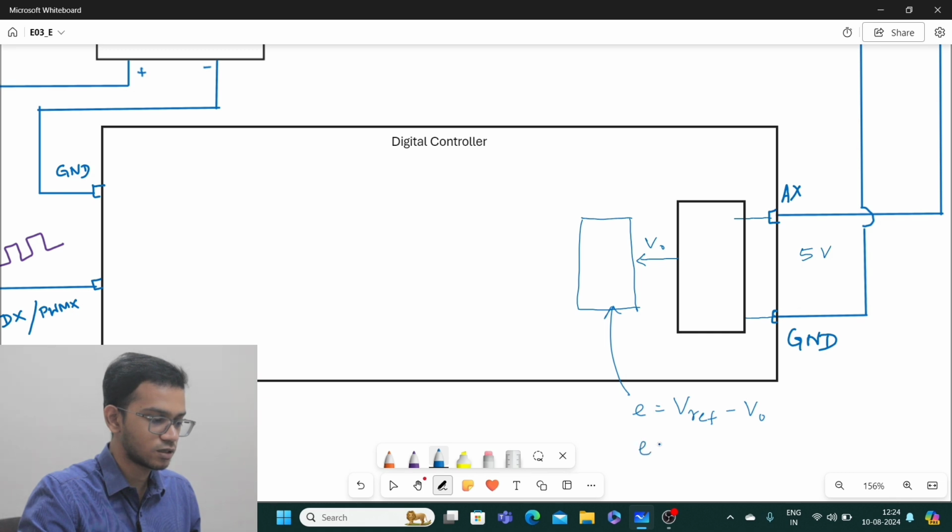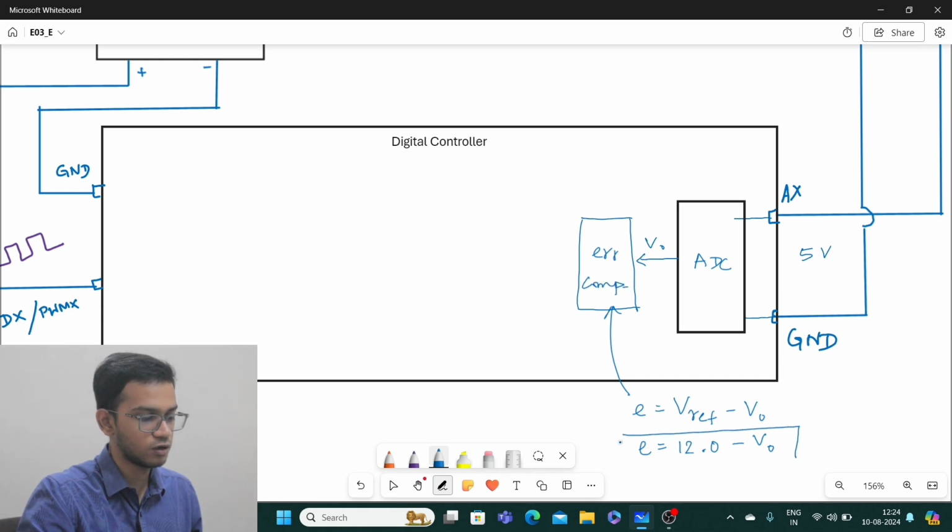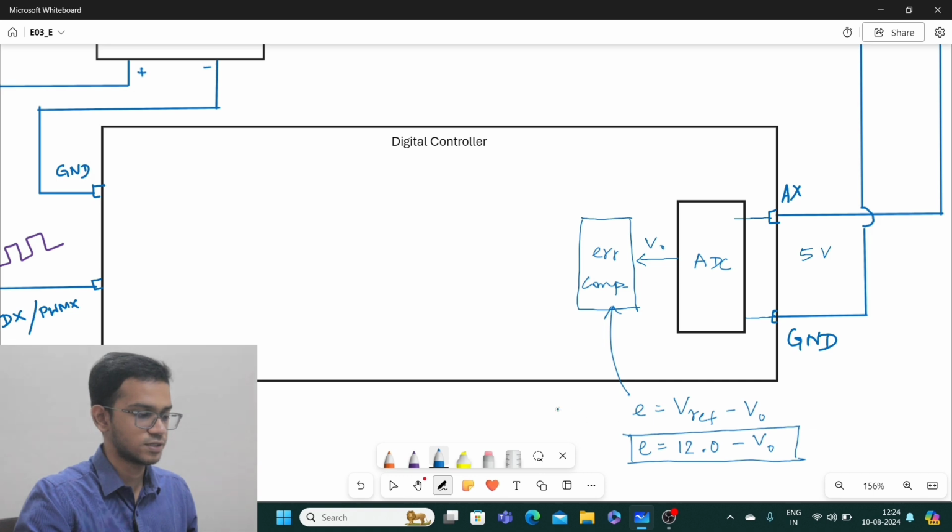What is our V reference here? 12 volt. So we write 12.0 minus V0. This is the V0 coming out of the ADC. This is our ADC. So error computation is done. This single line of code does the task.